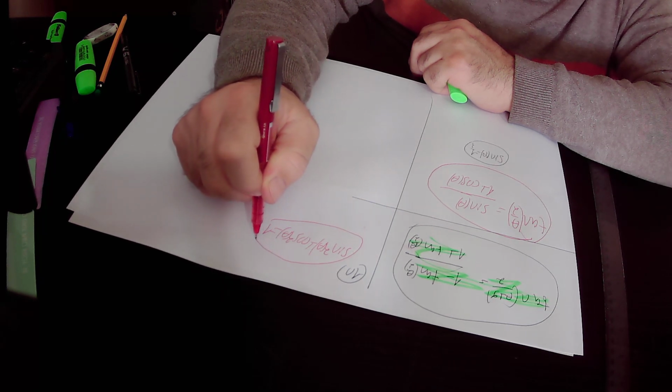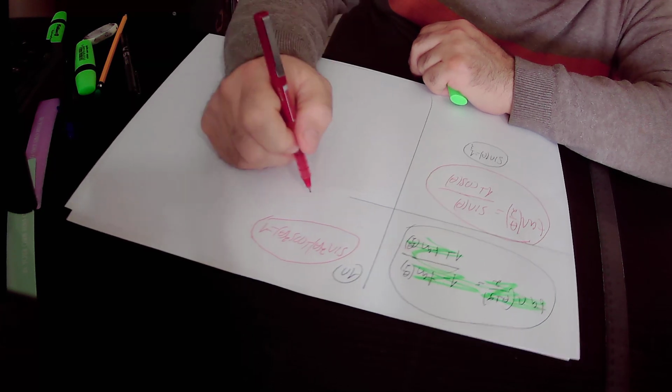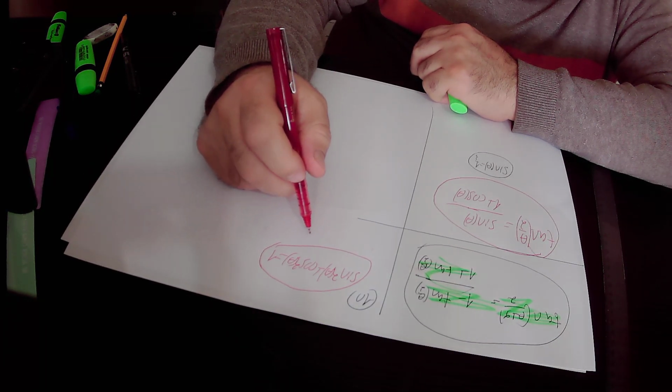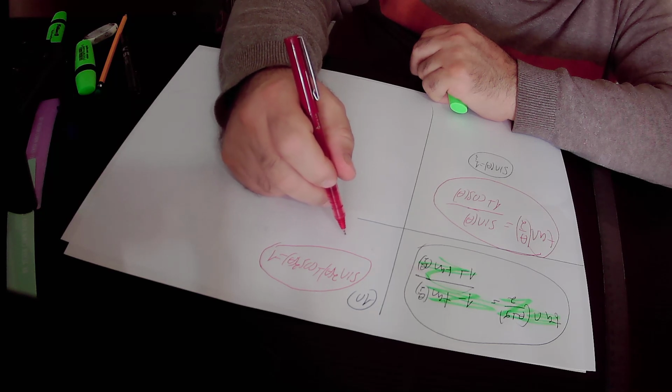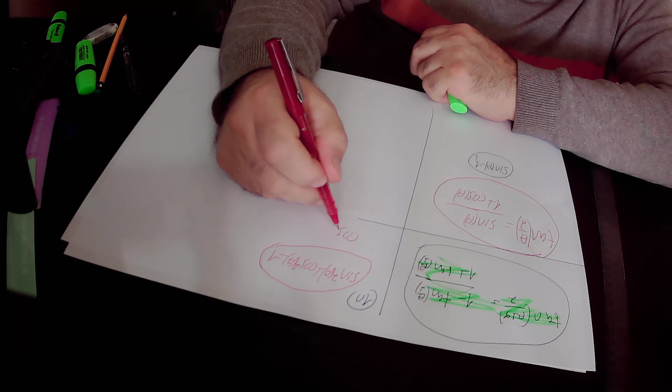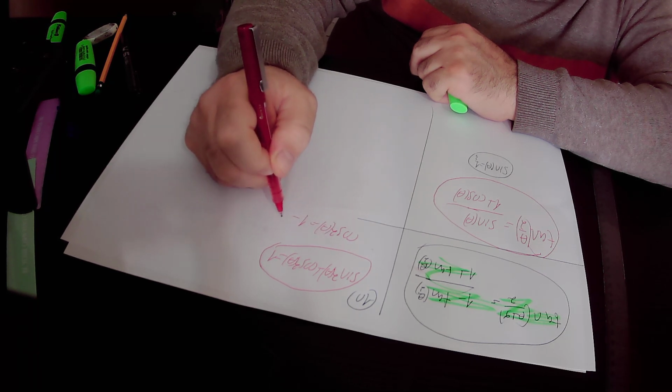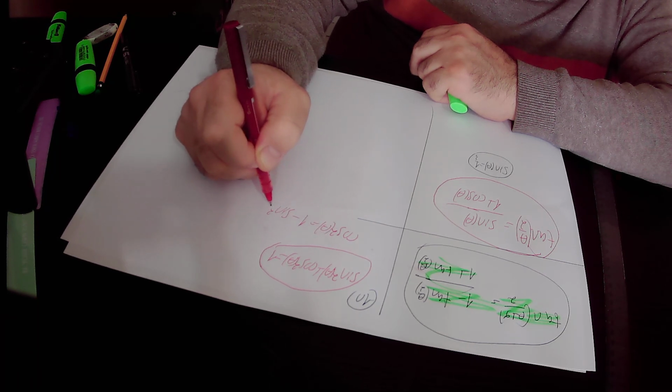We will subtract sine squared theta from this identity, and we will get that cosine squared theta is equal to 1 minus sine squared theta.